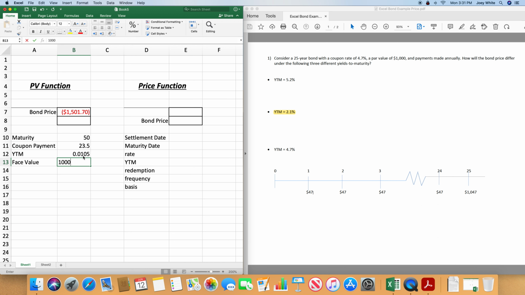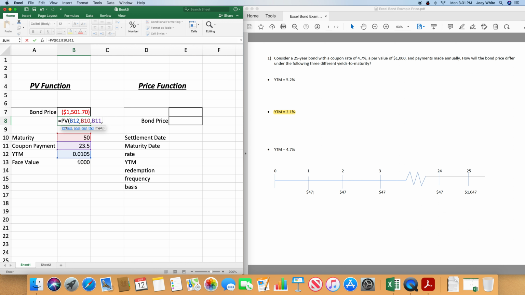So what I'll do in this case is again use the PV function, equal sign PV, open parentheses. For the rate, I'll put the yield to maturity, comma, number of periods, the maturity here, payment, the coupon payment there, $23.50 every 6 months.